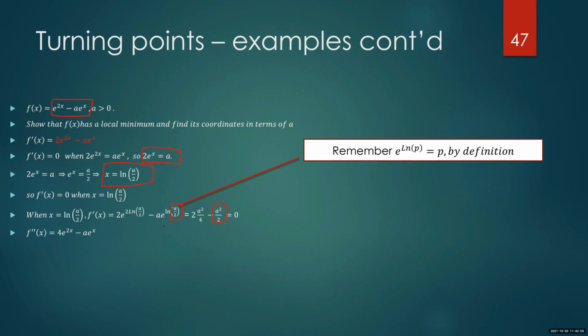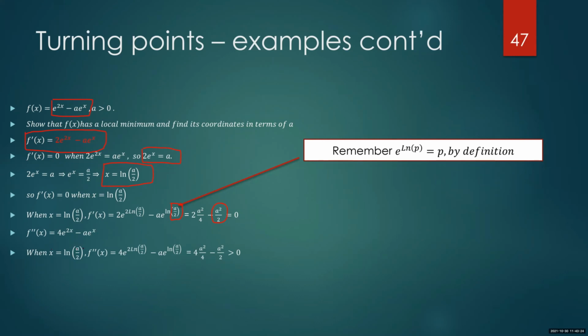So we have f dash of x is equal to 2e to the power of 2x minus ae to the power of x. So f double dash of x then is 4e to the power of 2x minus ae to the power of x. So we want to find out what happens when x is equal to the natural log of a over 2.